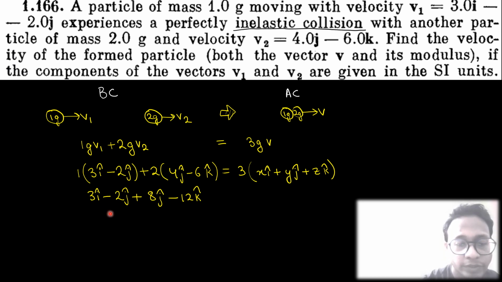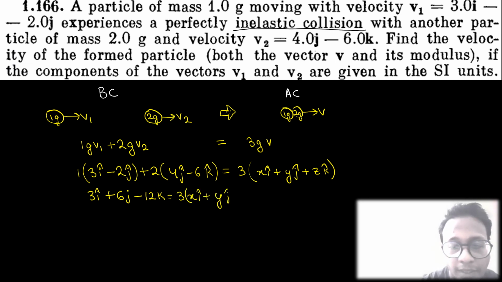There is no other i term, and minus 2j plus 8j becomes plus 6j. So 3i plus 6j minus 12k equals 3 into xi plus yj plus zk. Now divide by 3.